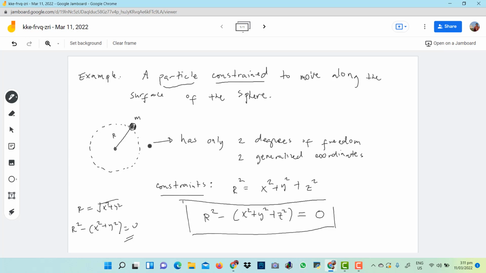So I have latitude nga motion, and then longitude. So I have two independent coordinates in my system. Two independent coordinates.